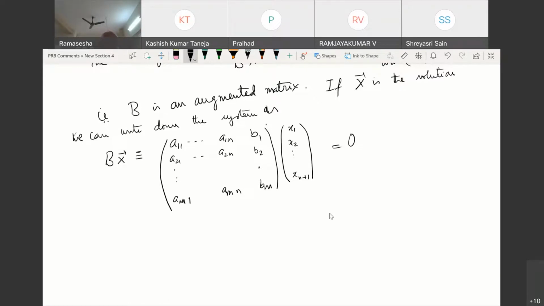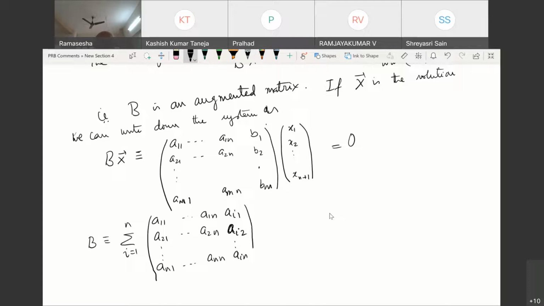So I can write down the matrix B as sigma over i equal to 1 to n of the columns a11 to a1n, a21 to a2n, up to am1 to amn, then I have ai1, ai2, ai n times xi.